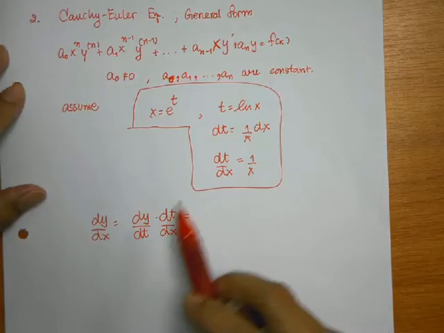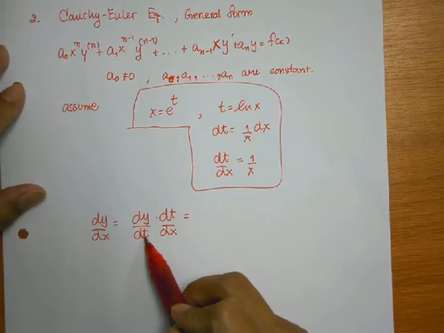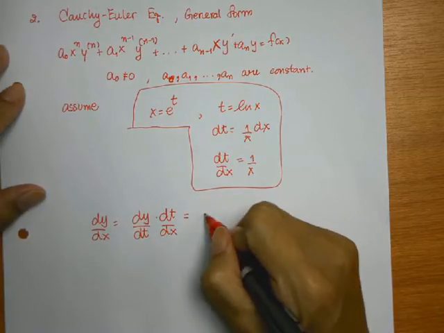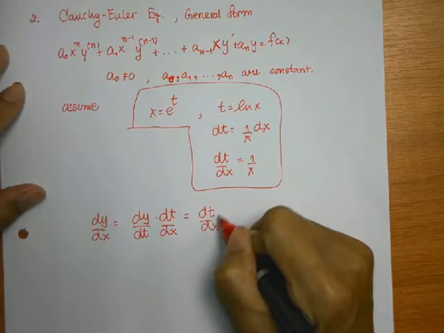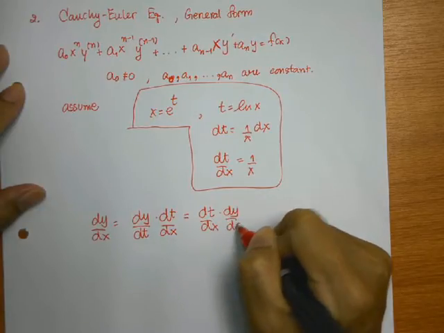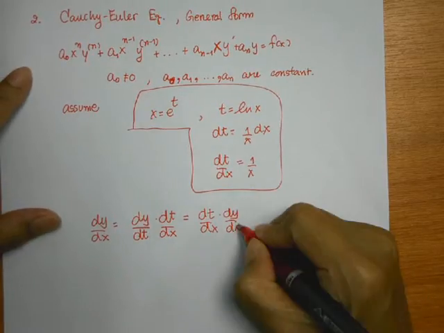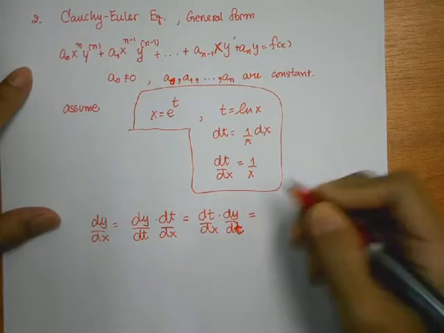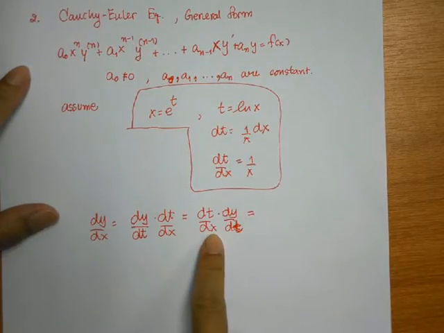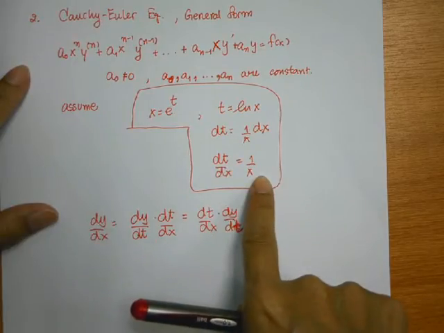Okay. Now when we write down dy by dt times dt by dx, it is equal to dt by dx times dy by dt. It's equal, right? Because multiplication is commutative. Oh, dt, sorry, and dt by dx is equal to 1 over x.